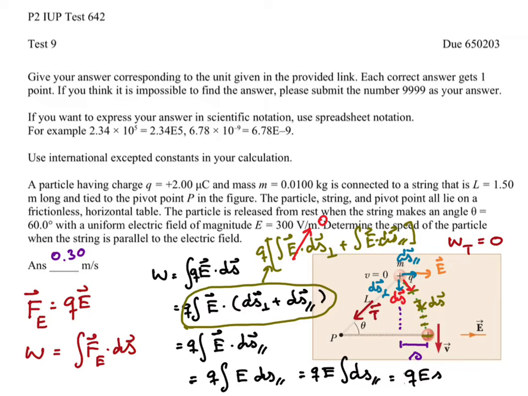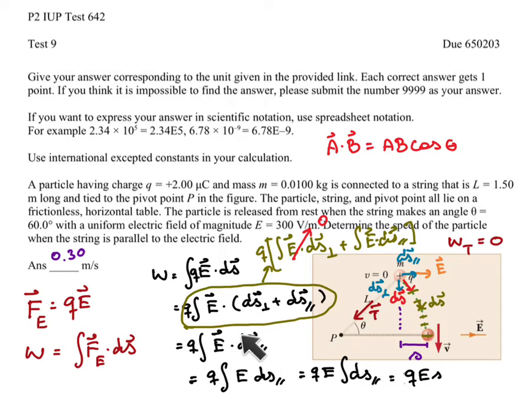Because we know that if you have two vectors, the dot product is equal to the product of the magnitudes times the cos theta, where theta is the angle between those two vectors.